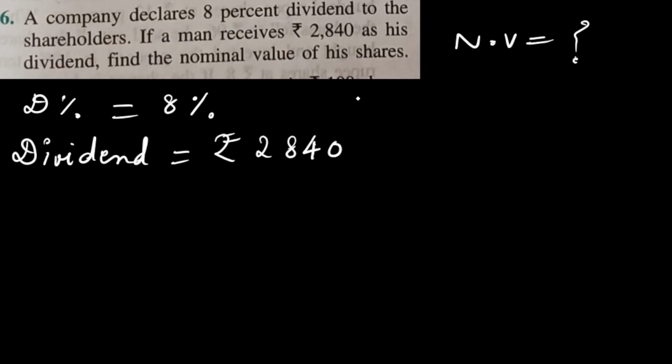See, for this question, you have to remember one thing. What is the meaning of dividend? I have already explained the meaning of dividend to you. Dividend is nothing but income or profit or return, right? Dividend percent is always expressed in terms of nominal value.